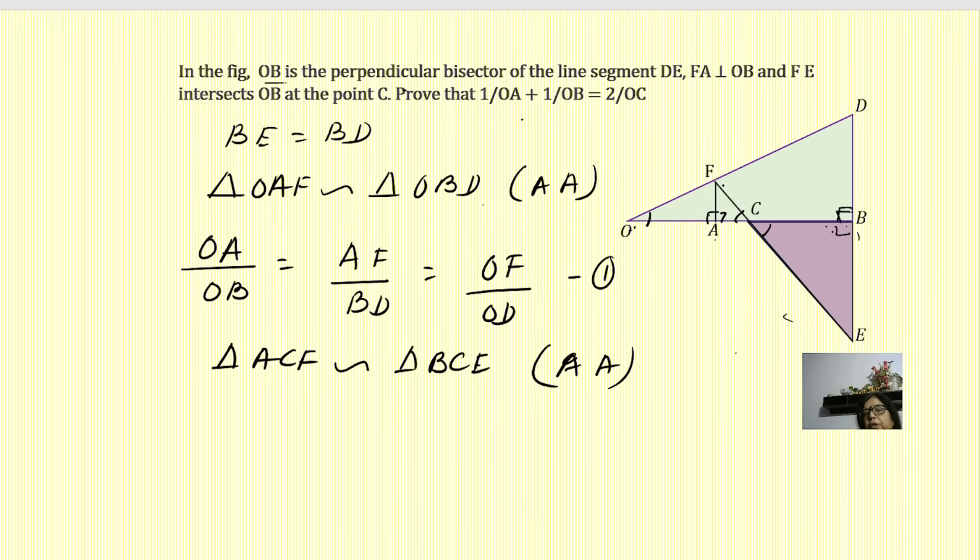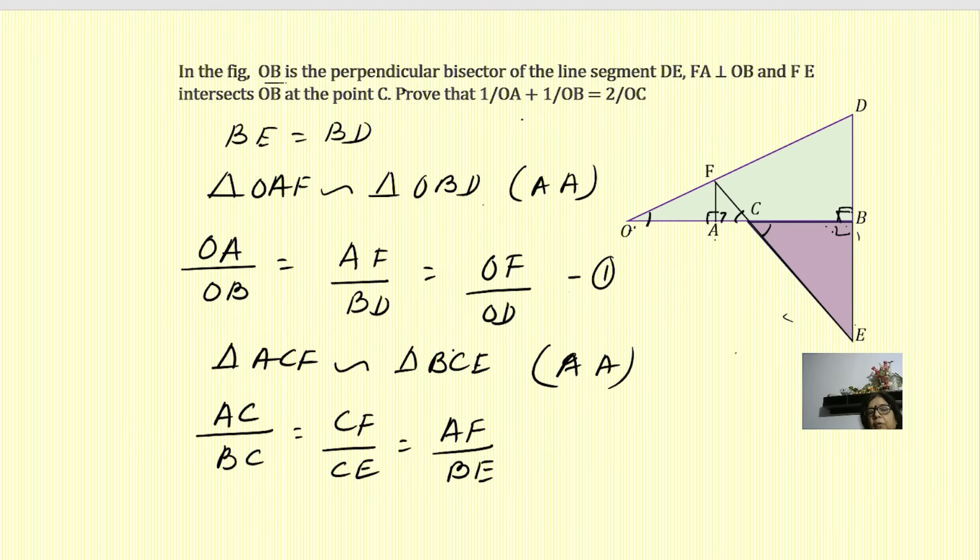ACF, check the order, is similar to BCE. So if I write down the proportionality relation, AC by BC is equal to CF by CE is equal to AF by BD. So now over here, OA by OB is equal to AF by BD.